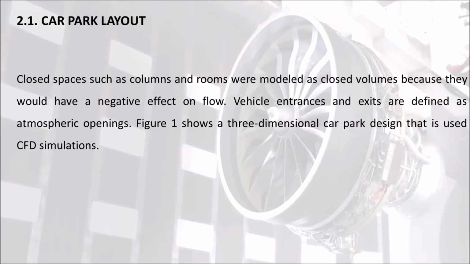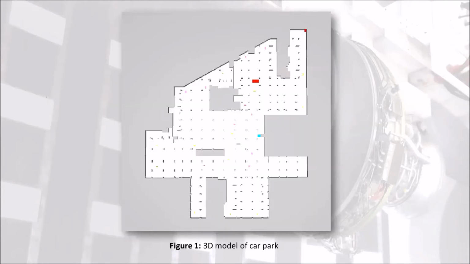Here you see a car park layout 3D model for our special case. This car park geometry model has been designed in a three-dimensional domain, and also we have defined boundary conditions for this closed system.